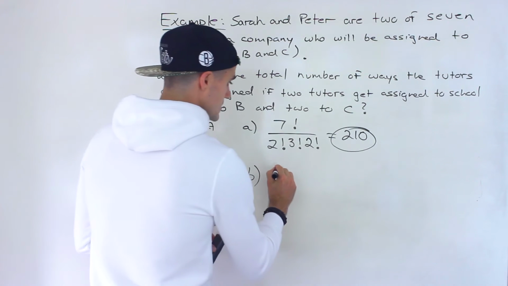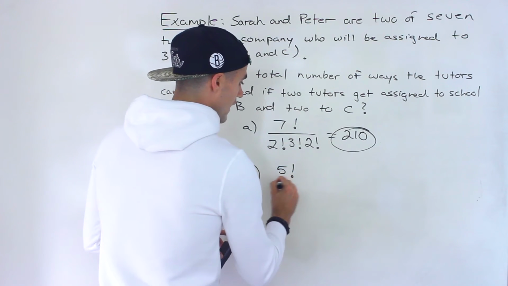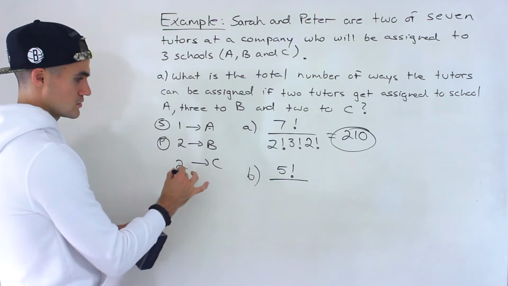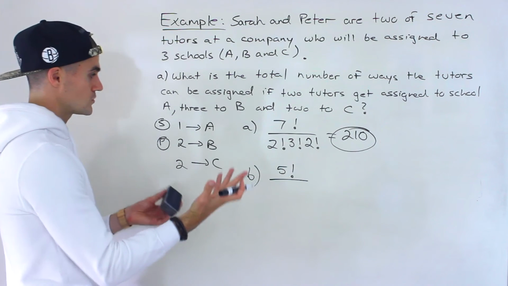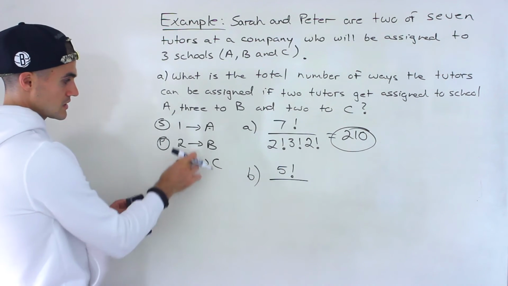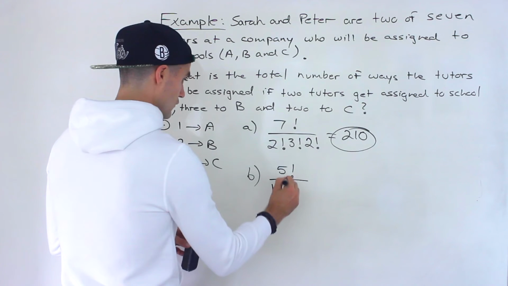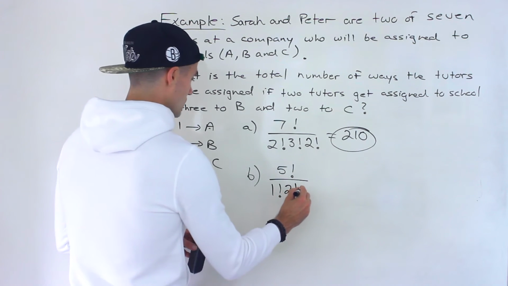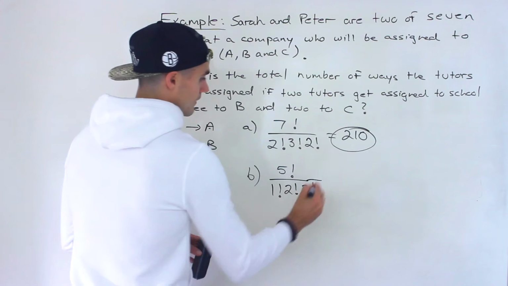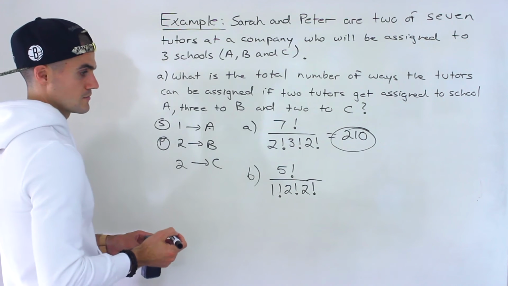So in this case, there's only 5 more tutors to split up, quote unquote, between the schools. And using the same labels, 1 would have to go to A of the 5, 2 would have to go to B, and then 2 would have to go to C, like that.